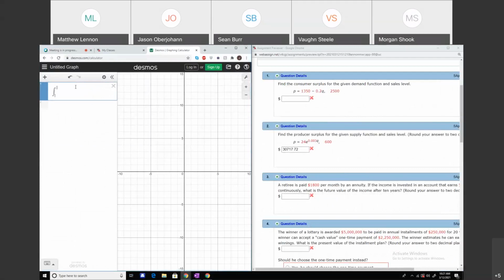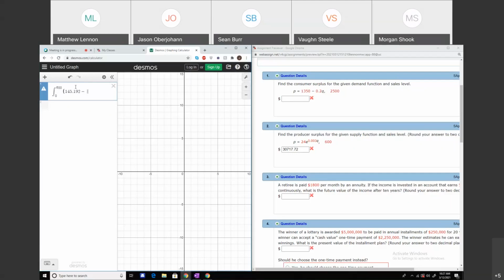So we were trying to do the integral from 0 to 600 of 145.192 minus, and again, this all needs to be in parentheses.